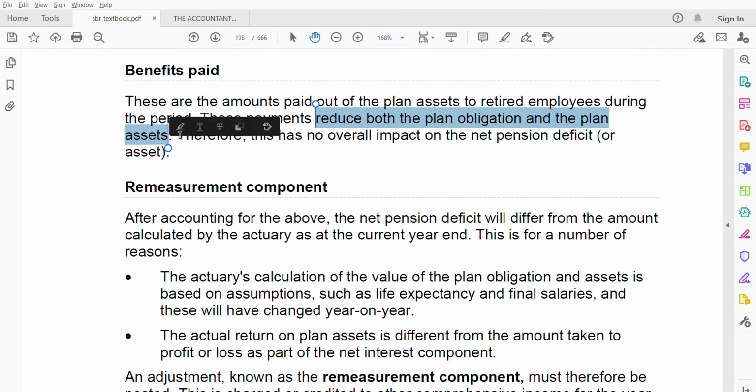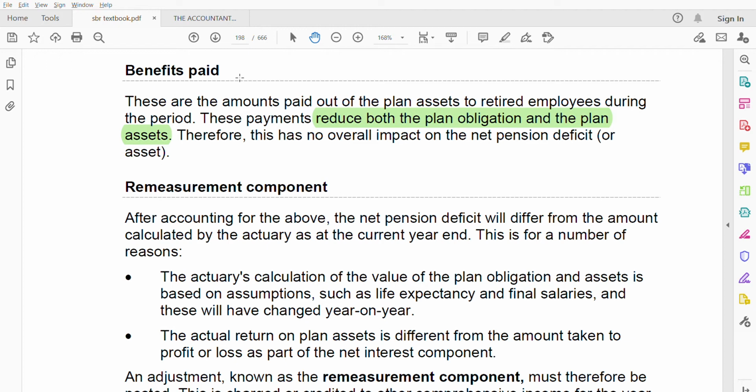If you are paying the benefit, that means you have to deduct this from both the plan obligation and the plan assets, because it will reduce both of them. How will it reduce both of them? Plan obligation: once you have paid that benefit to your retired employees, that means the pension has been paid to them, so it will be reduced from your balance. That obligation will reduce. You will not have that obligation anymore because you've already paid.